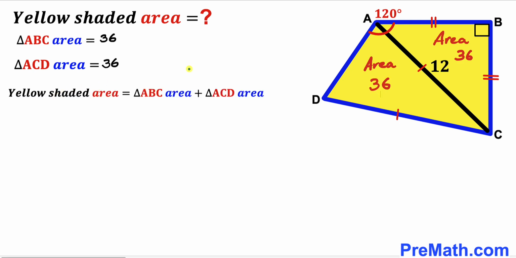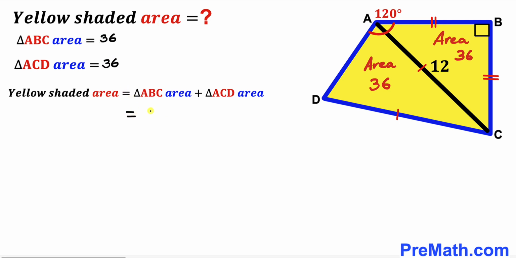And now let's recall this equation once again. The yellow shaded region area equals the area of the triangle ABC plus the area of the triangle ACD. And here we figured out our triangle ABC area as 36, and likewise the area of the triangle ACD as 36 as well. Let's go ahead and fill in the blanks.